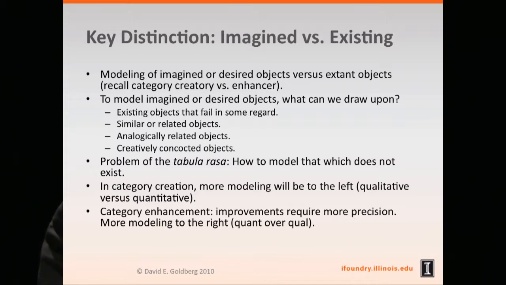And so the key there is to actually figure out what it is that we're trying to create. And so oftentimes that argues for models that are more to the left. That is, models that are more qualitative than quantitative. And so category enhancement can oftentimes be about very accurate models, a la Newton's laws and Maxwell's equations, and models in new products are often to the right.